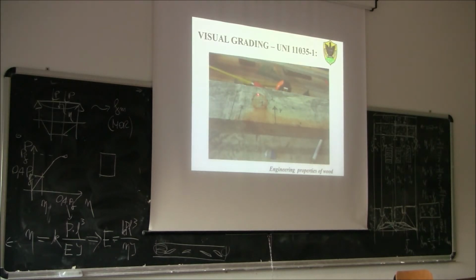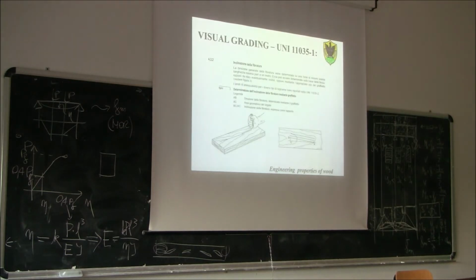For example, here you see this is a piece of wood. There is a knot here in the middle of the face. You need to measure the diameter and the position. You see there is another knot here. This knot, it covers all the sides. So we need to scan basically the knots on all faces of our specimen.